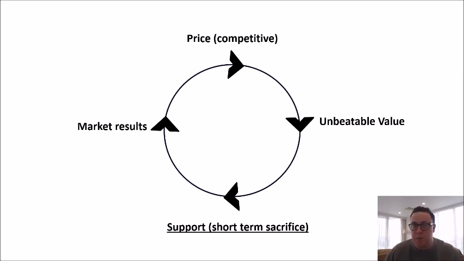Maybe they only give you 6 months access to the course. Maybe the price is like 10, 20, 30 times yours. How can you price competitively and create better value? How can you offer way more support than everybody else? And when you can match these elements of a competitive price, unbeatable value, showing and giving more than your competition for that value, again, you'll drive more people into your course.